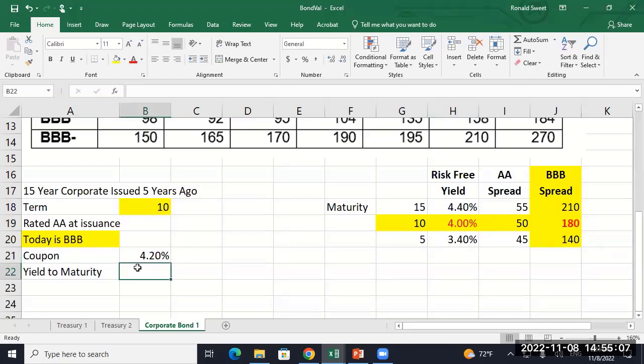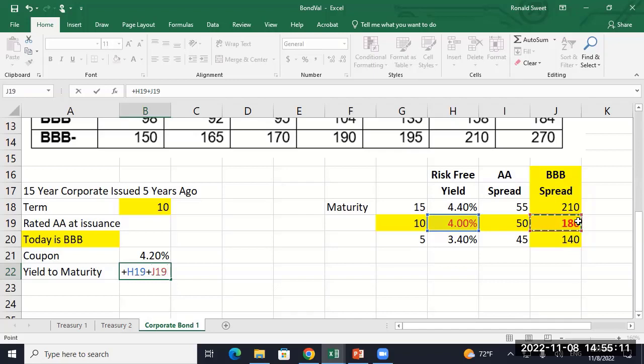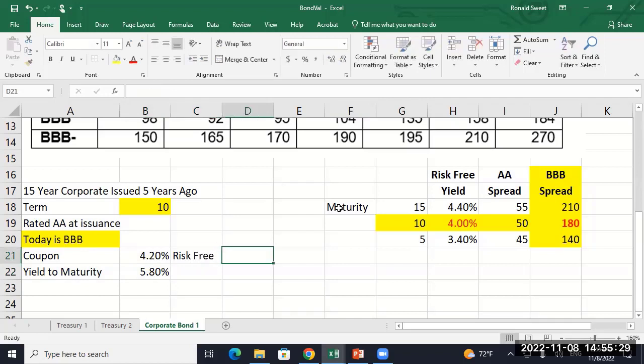So my yield to maturity is going to be 4% plus 180 divided by 10,000. You remember that's how you get the basis points. So my current yield is going to be 5.8%. Now, when it was issued, maybe the risk-free rate was 3.7%, and the spread was 0.5%.